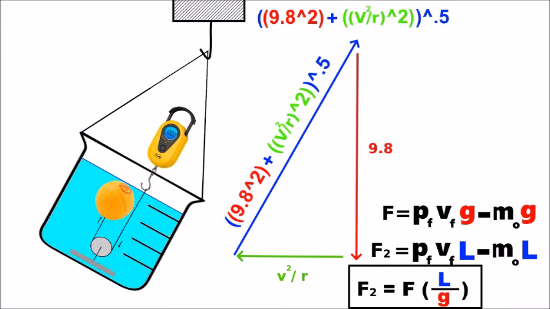So what we're doing here is manipulating an independent variable, that is the g. We're increasing it, in fact. The hypothesis says that when you increase the g, the weight will increase and the buoyancy will increase in a certain way according to the calculations you see on the screen.